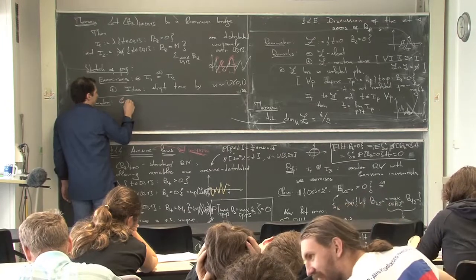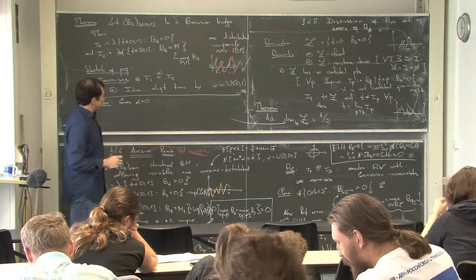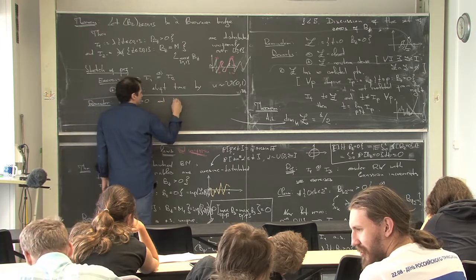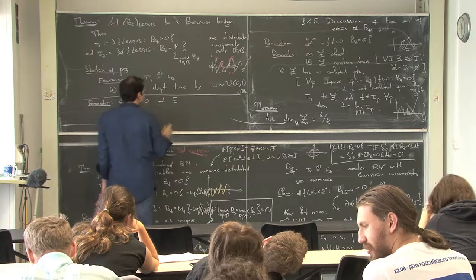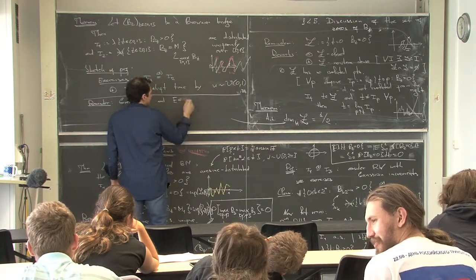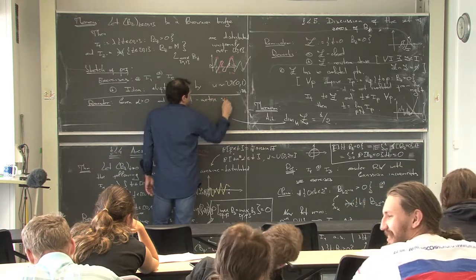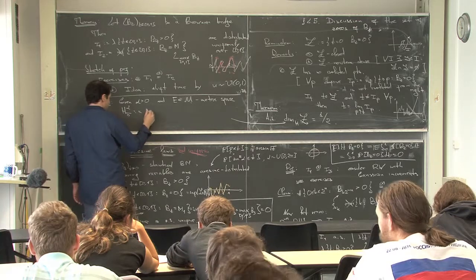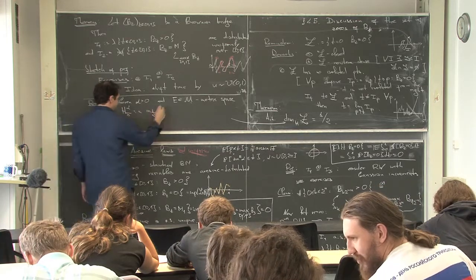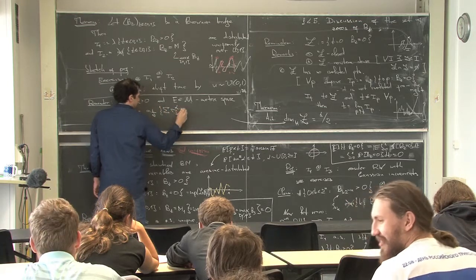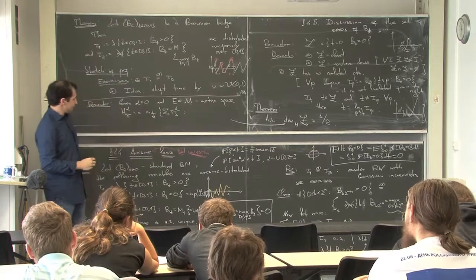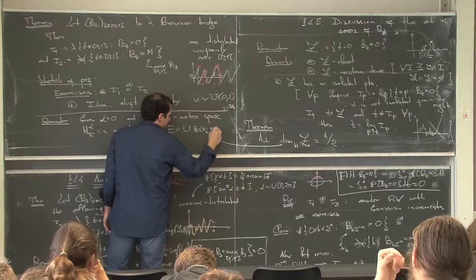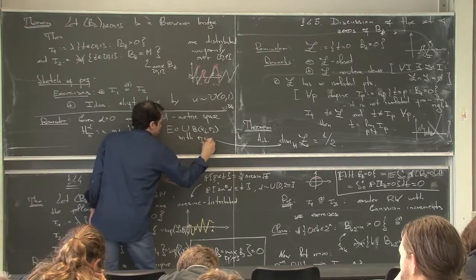Given alpha, say strictly positive, and some set E in a metric space, you define the quantity H alpha delta, which is by definition the infimum of all such sums where E is covered by the union of balls and all the radii are smaller than delta.